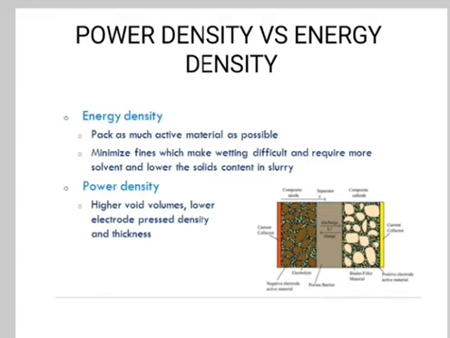Energy density is the amount of energy stored in a given system or region of space per unit volume. It may also be used for the energy per unit mass, though a more accurate term for this is specific energy.